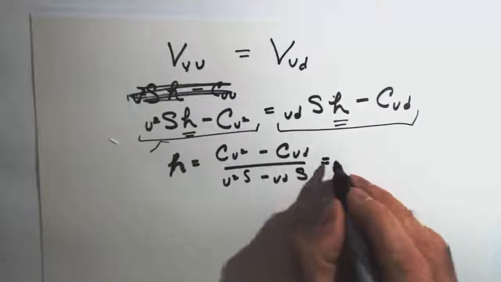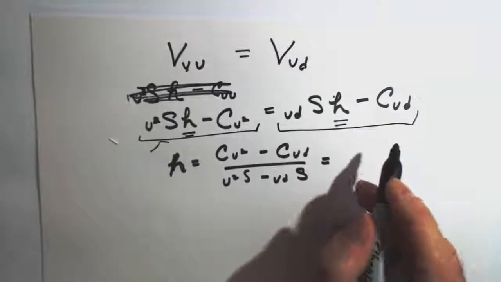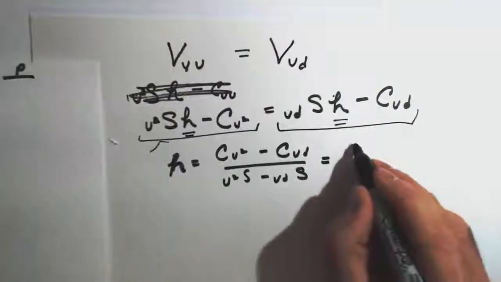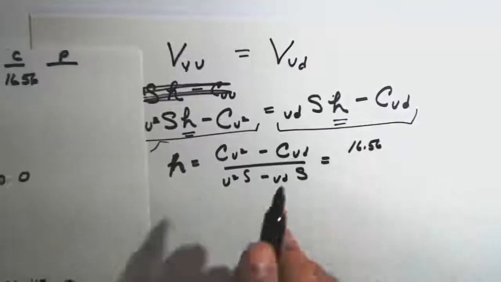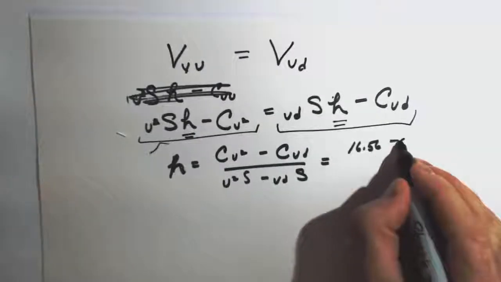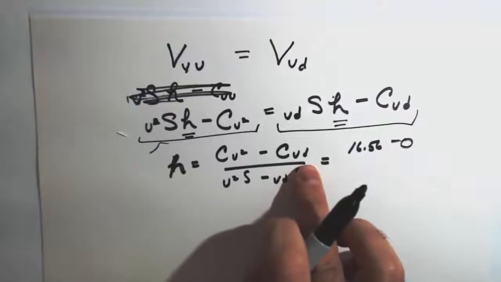And that equals, okay, we can figure out what H equals. Plug the numbers in. This is 16.56 from this table. And then it's going to be 0 here for the CUD. Okay?